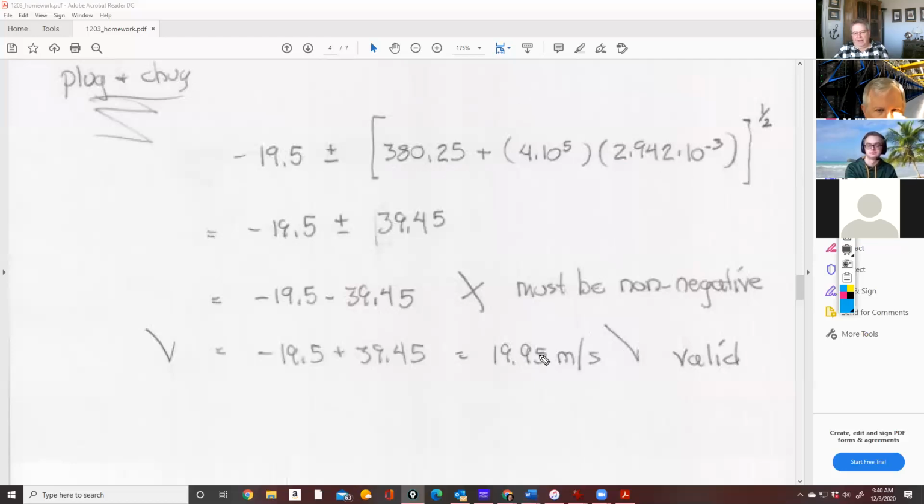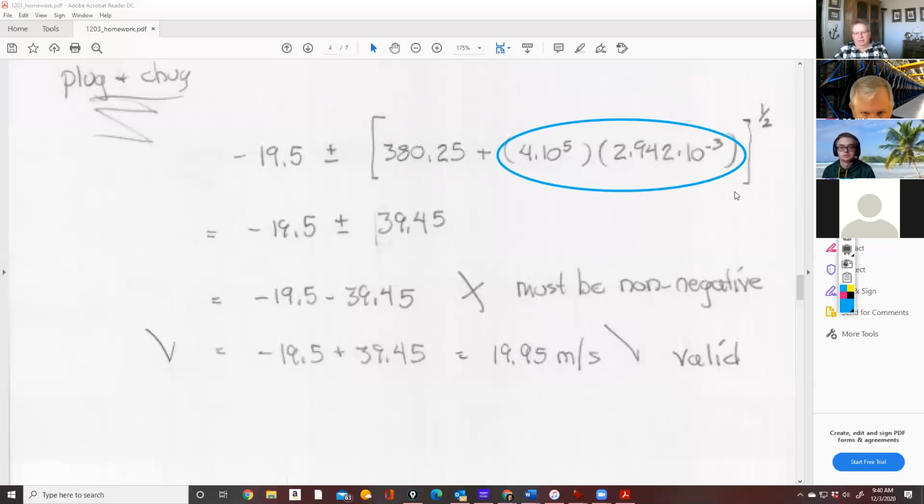So don't just add the 19.95. I don't think you can just do that. So take this one, take 380.25 minus this value here. Okay. Can you guys do that for me real quick on a calculator? You get something that's imaginary. So this number, what's 4? Is this 4.1? No, 4 times 10 to the fifth.